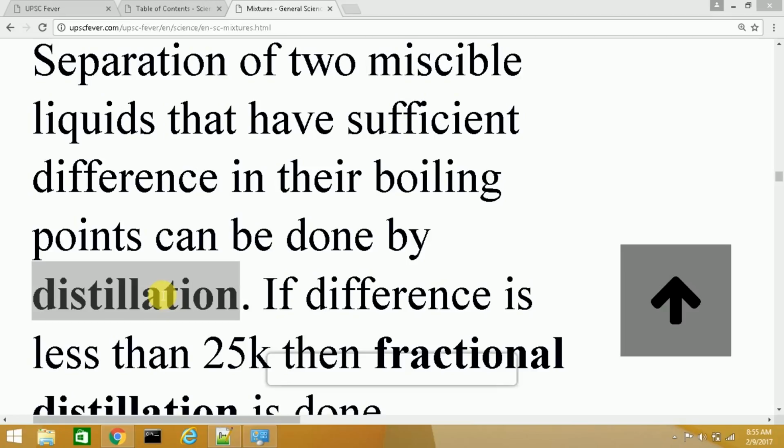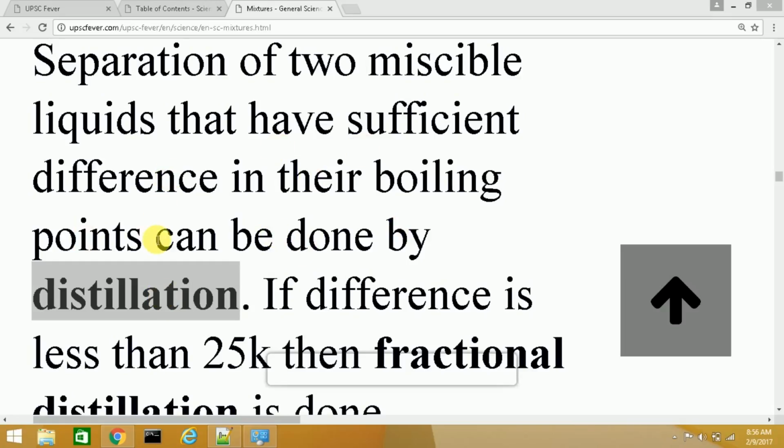Continuous boiling allows the temperature to reach 200. At 200 degrees the other liquid starts boiling, forms a vapor, and can be separated out. Distillation is done in this way to separate two miscible liquids.